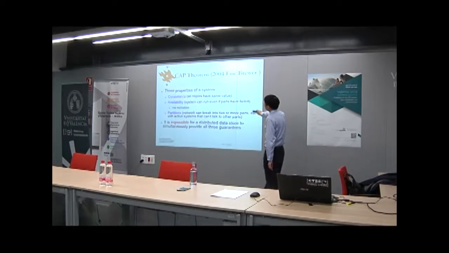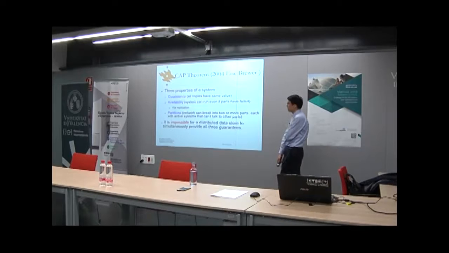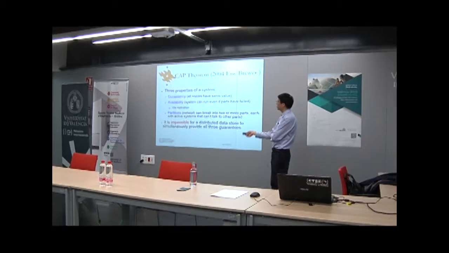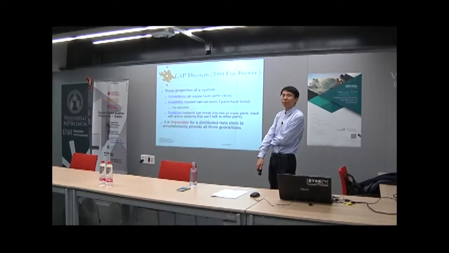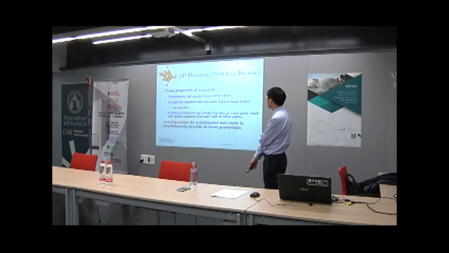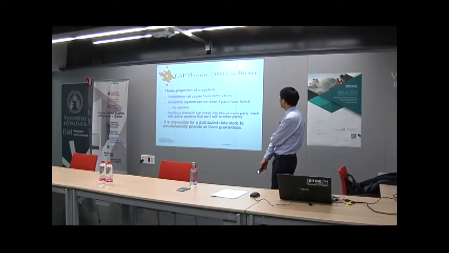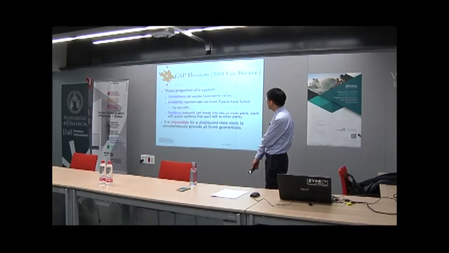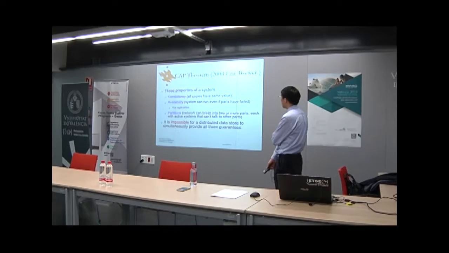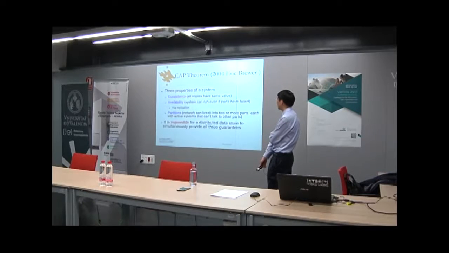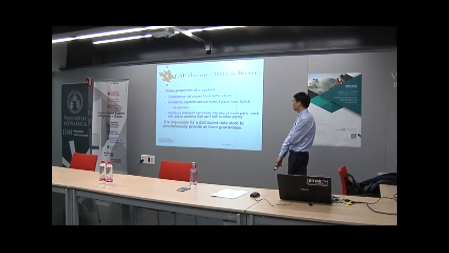So consistency in CAP theorem means that all copies have the same value. Availability means that the system can run even if part of the system has failed, because they have some replications. So they can maintain availability even if there are failures on some machines. Then the third one is P, called partition. Partition means that the network can break into two or more parts, each with active systems that can't talk to each other.